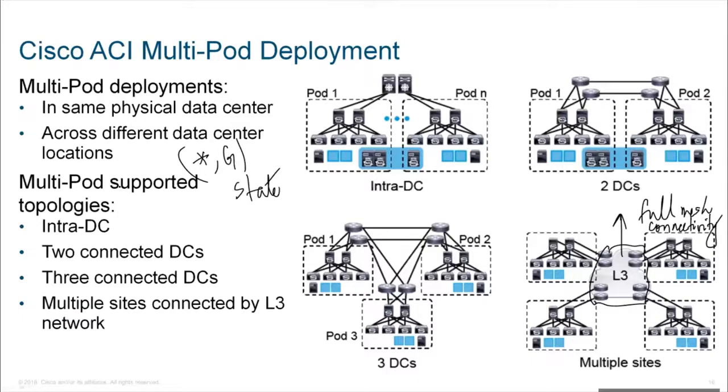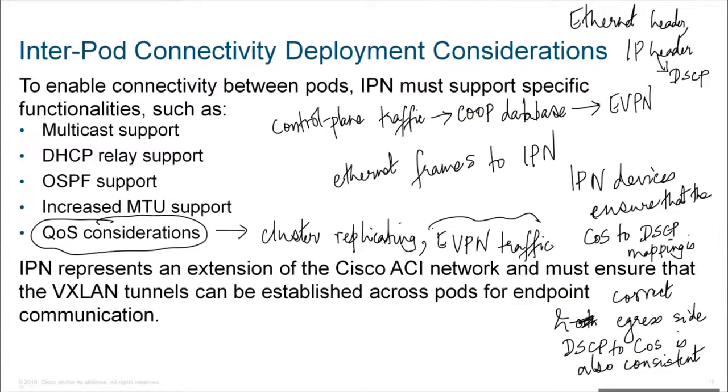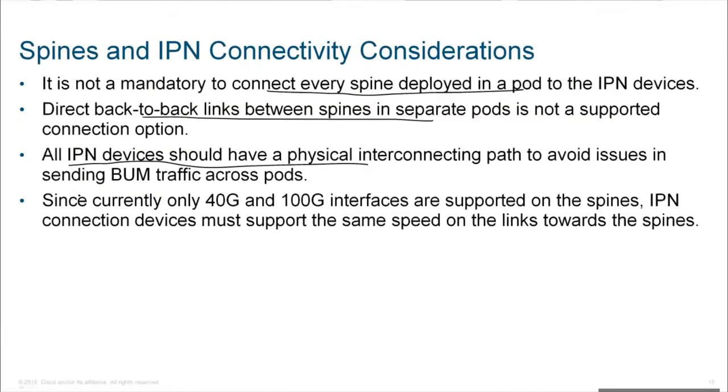So I don't have any device in between which doesn't maintain the state for the purposes of the multicast groups, group addresses which are assigned to the bridge domain. Okay. Well, Spine only supports these line cards, so of course your IPN devices must support the same speed.